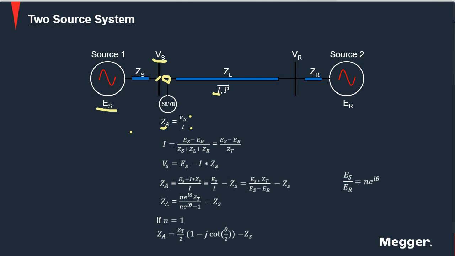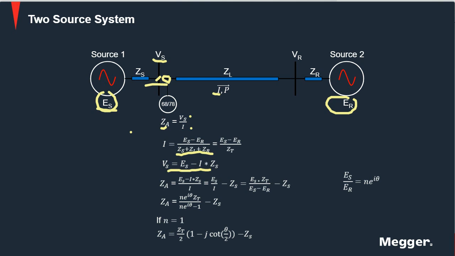And we can say then that the current is going to be this voltage minus this voltage here divided by the sum of the three impedances. This is what I have in this equation, and the other one is the equation for the voltage that I mentioned before.